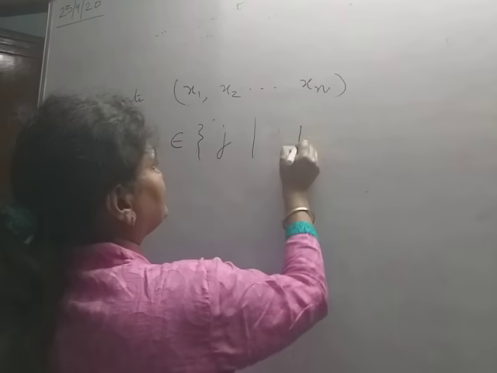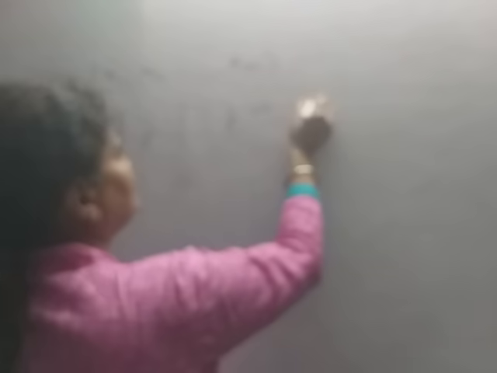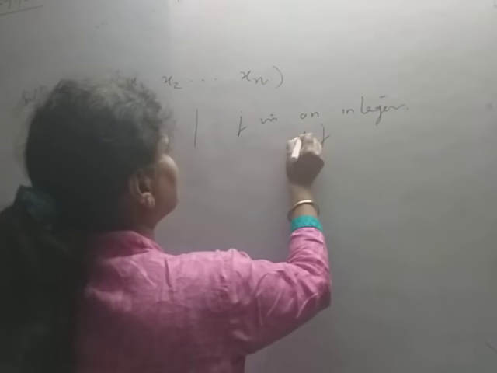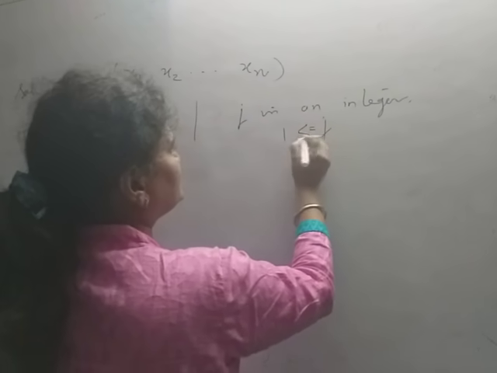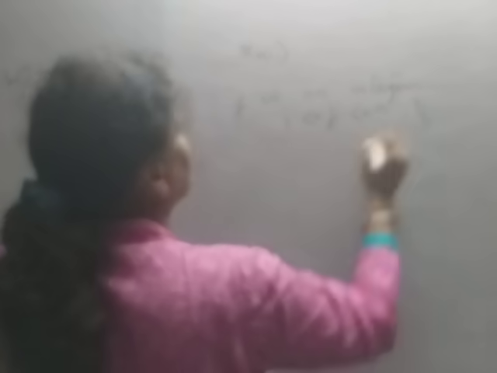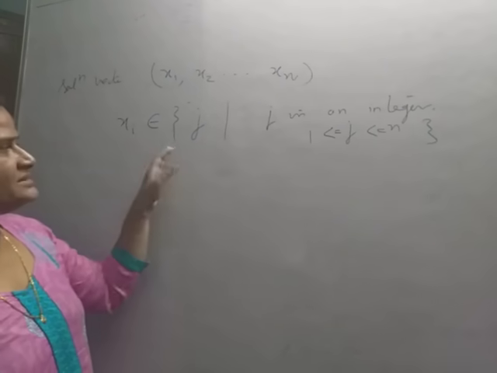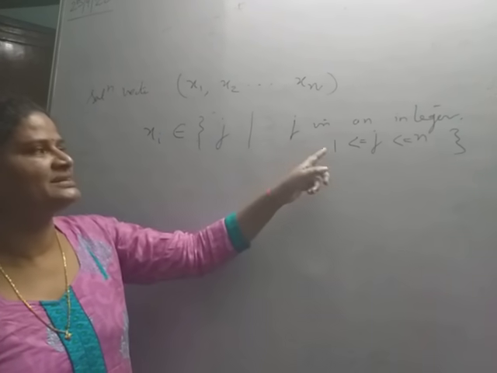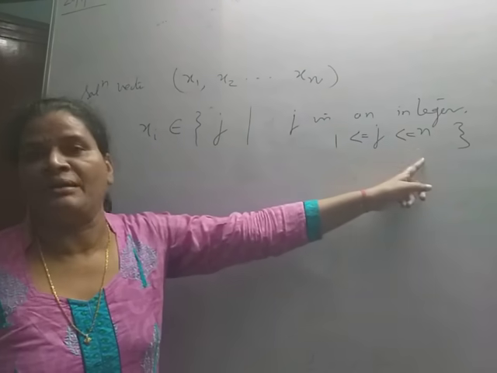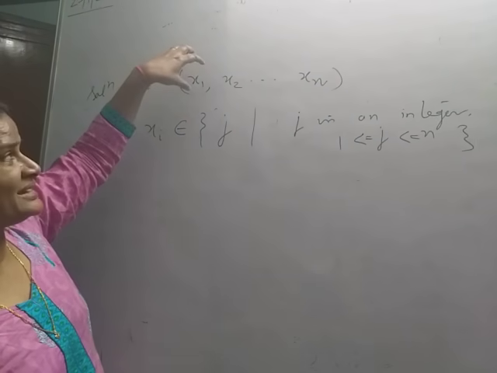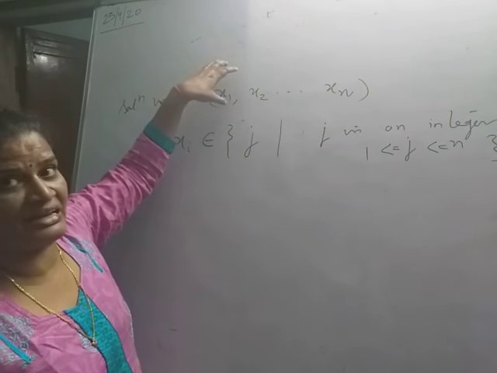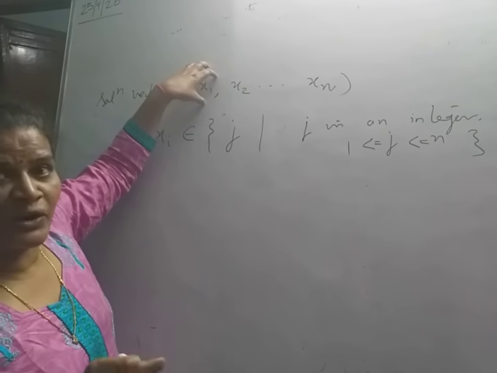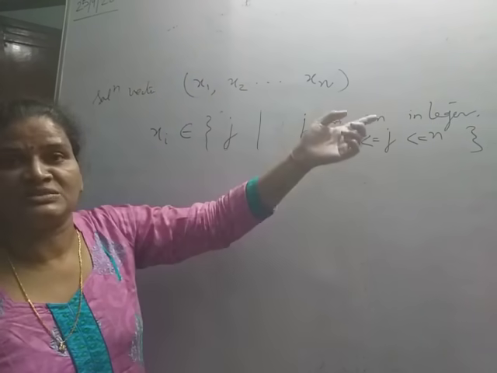Recall that in the graph coloring problem, j is an integer from 1 to m, because each xi represents a color. Here each xi represents one vertex and all the vertices must be different.